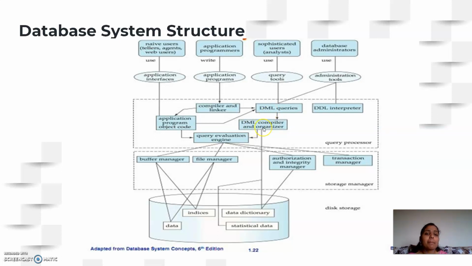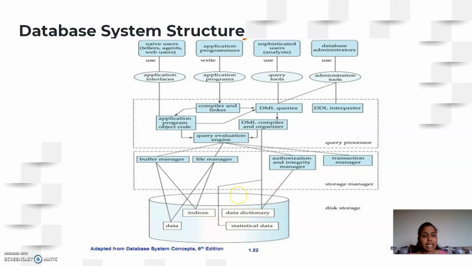Now what does the DML compiler have to do? It has to check whether the table that you are trying to search is available in the database or not. So the DML compiler and organizer seeks the information from the data dictionary.